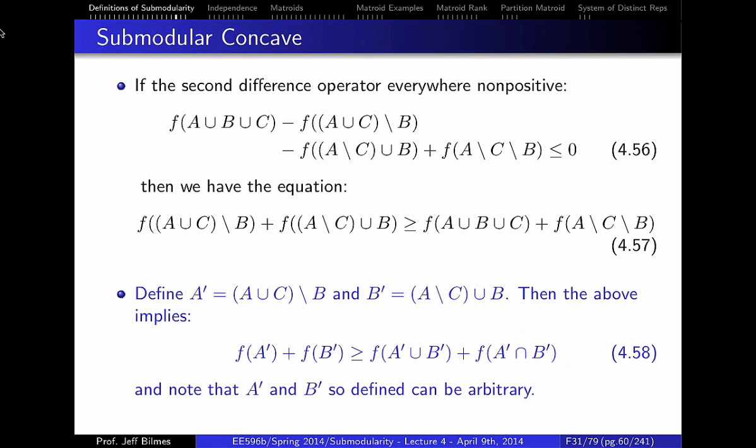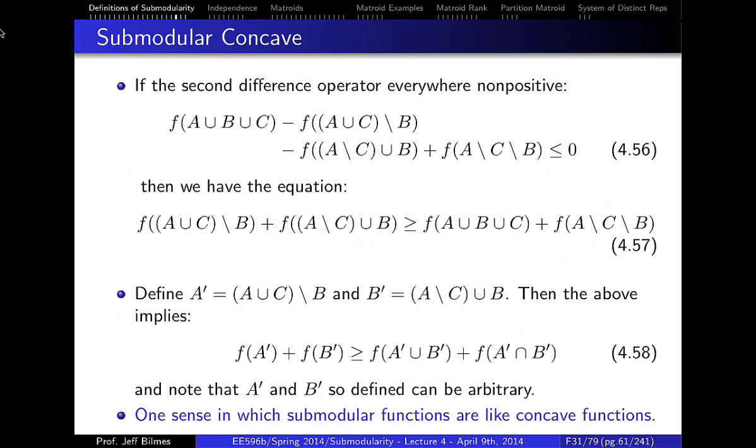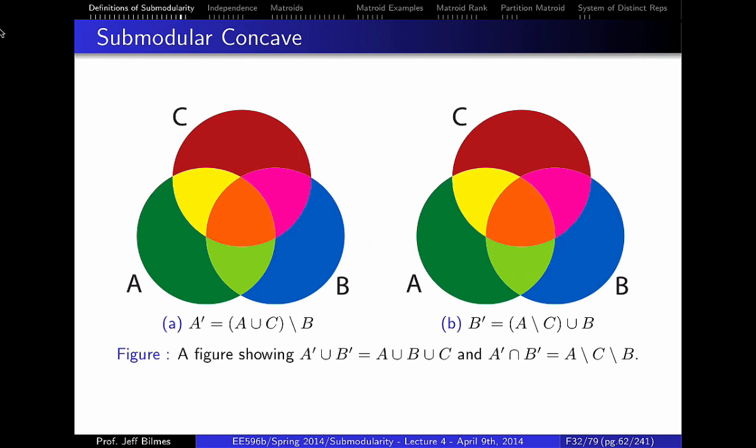Well, let's just define A prime to be this bit, define B prime to be this bit, and then it turns out that the union and the intersection correspond precisely to the union and intersection of A prime and B prime. So, therefore, that definition of the function is kind of like a concavity condition. It's kind of like saying the second derivative is non-positive.